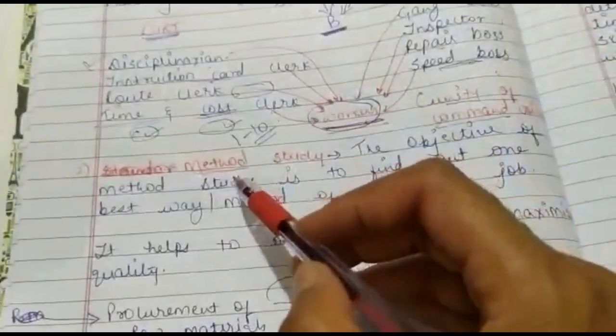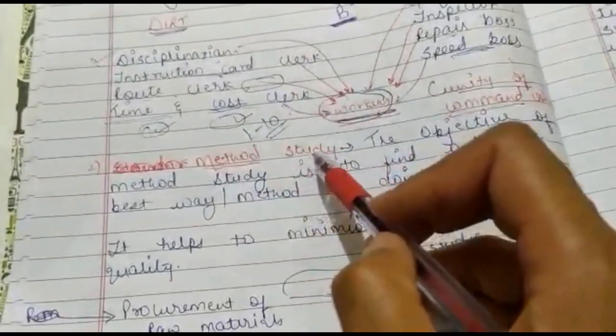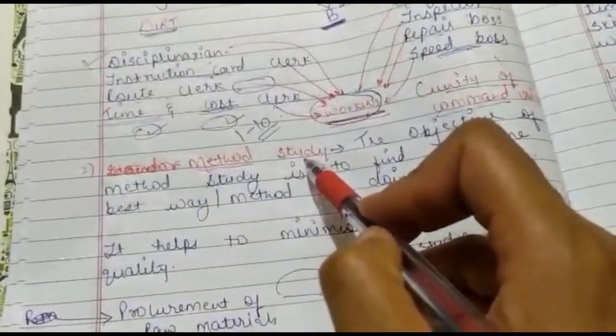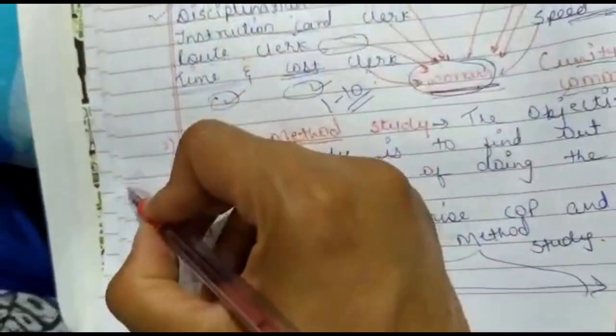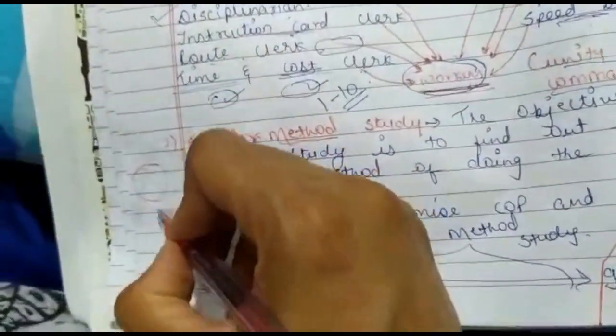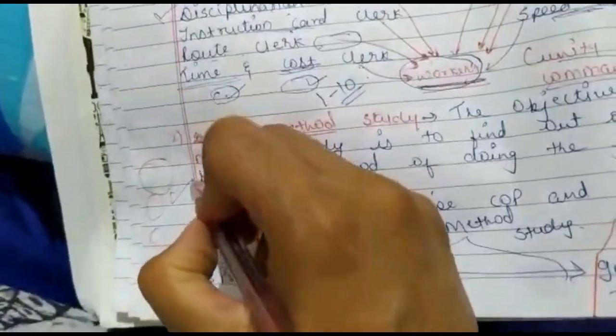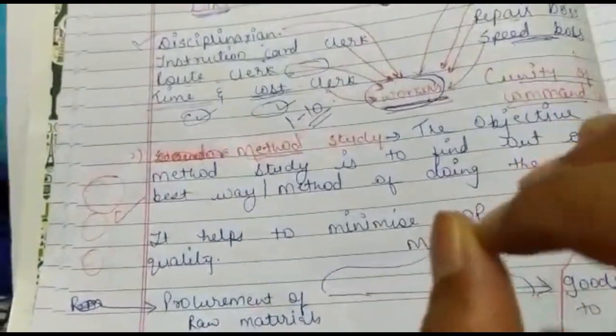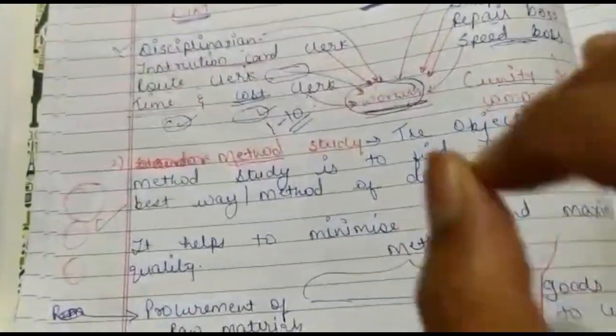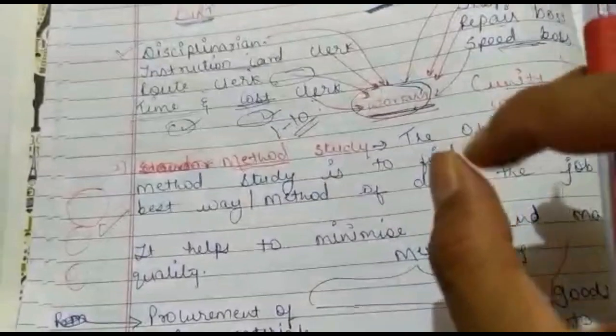And how will the cost of production be reduced? If a company does a proper method study. That means there are so many methods for producing the goods. Out of that number of methods, the company should select one particular method which is cost effective and involves very little chance of errors.